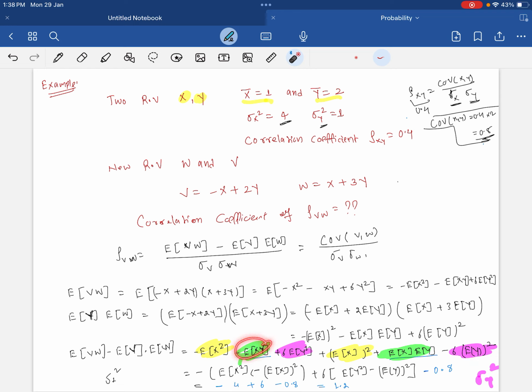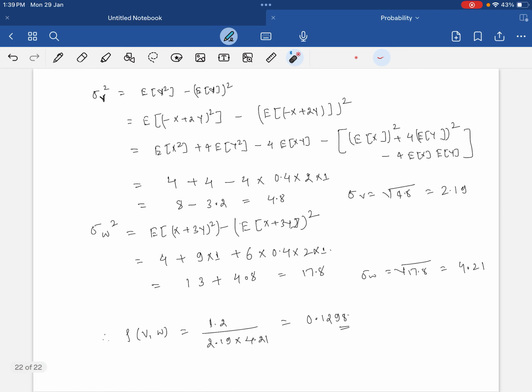This green one we find from the correlation coefficient: we can find the covariance of xy, which is 0.8. After you put in all these values, that is 4, 6 and minus 8, the numerator you are going to get is 1.8.